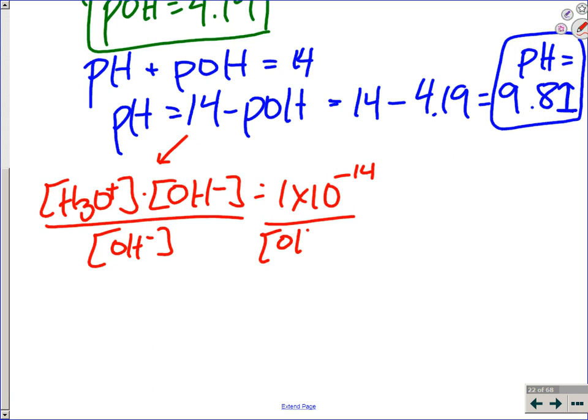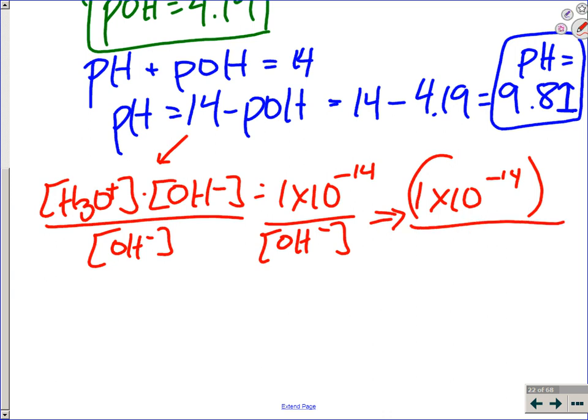Okay, so 1 times 10 to the negative 14, in parentheses. I'm telling you up front, people mess this up because they get lazy with the parentheses. That divided by parentheses, what was hydroxide? 6.7 times 10 to the negative fifth. That was provided to you at the very beginning of this problem.